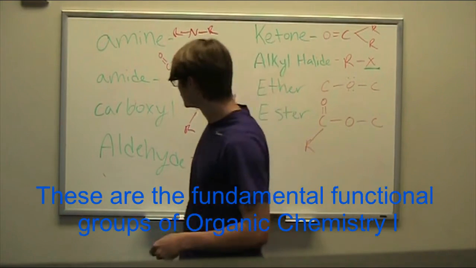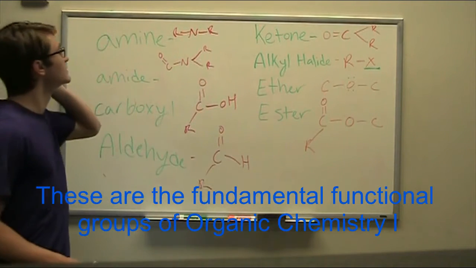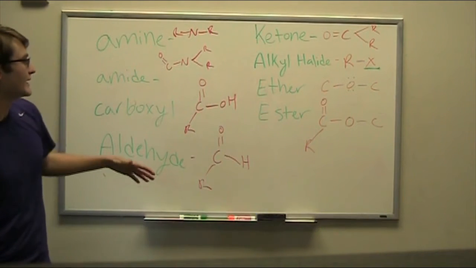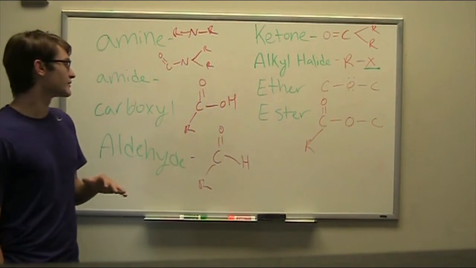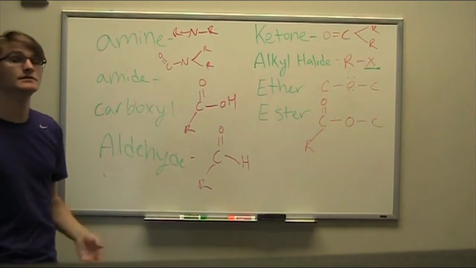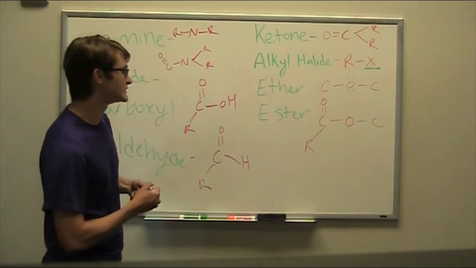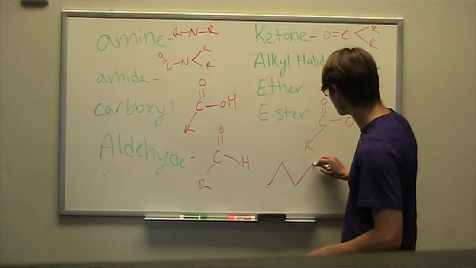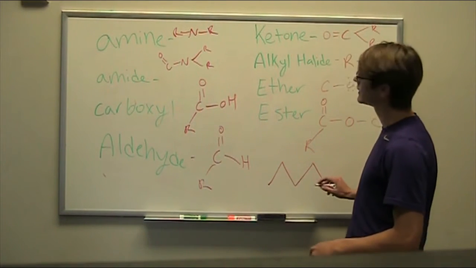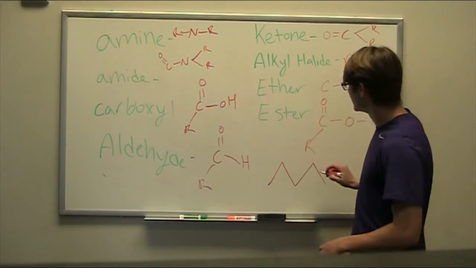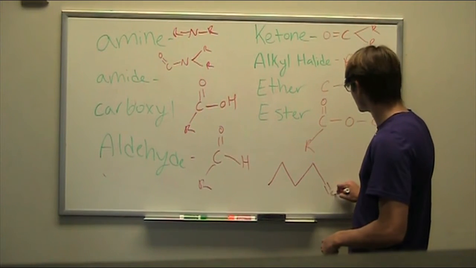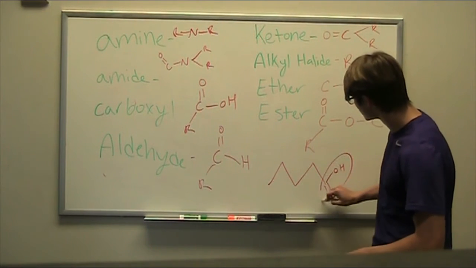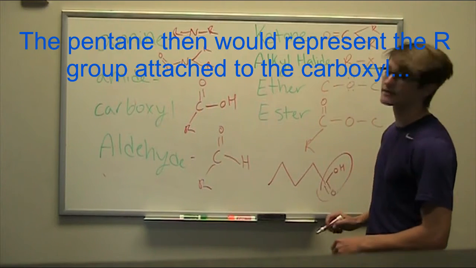I would recommend to screenshot this, take a picture, do whatever is necessary, but make sure you know these, make flashcards for them. And they appear exactly how they are as listed. So if you ever saw a butane, for example, 1, 2, 3, put a pentane, 1, 2, 3, 4, 5, and it has a double bond to an O and also an OH, this is a carboxyl group on the pentane.